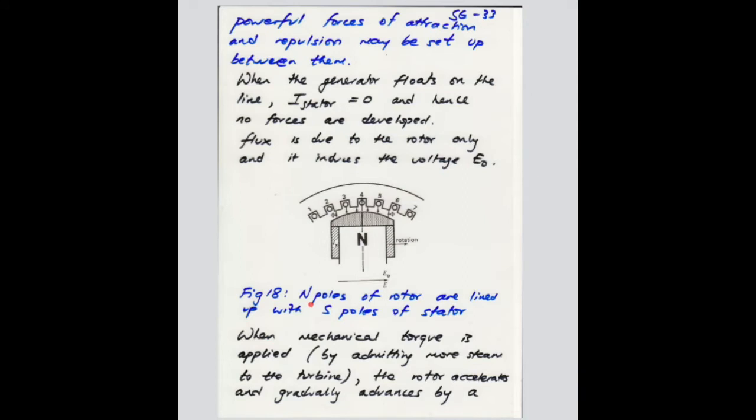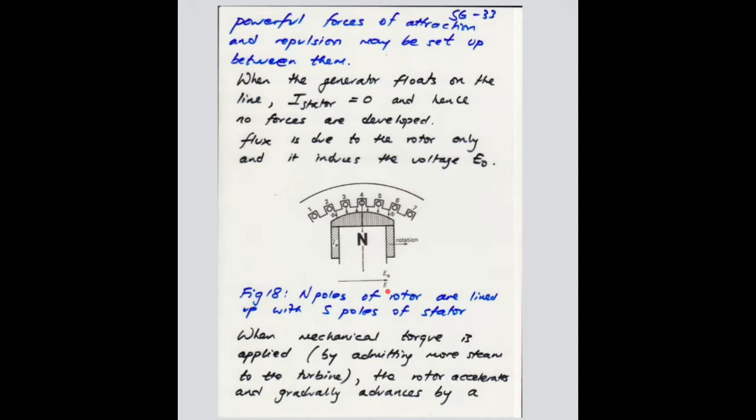And here, we will start at the very beginning, where you're synchronizing the generator with the utility. If you remember the steps we discussed for synchronization, the very first step is to make sure that the generator is floating on the line, meaning that the two phasors E0 and E are lying on top of each other, right?